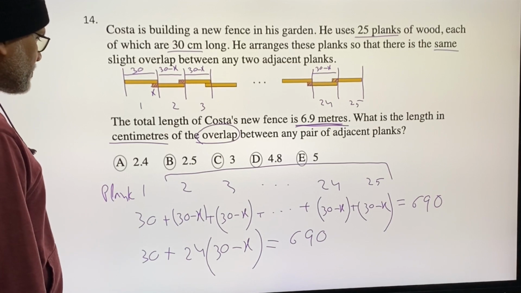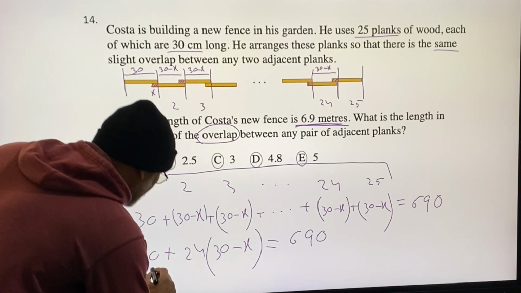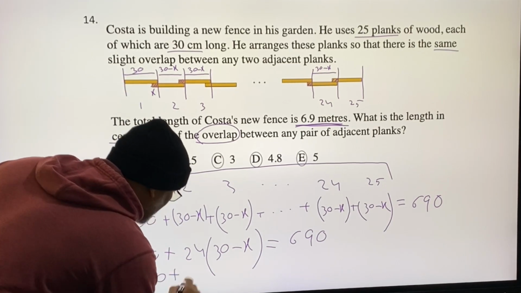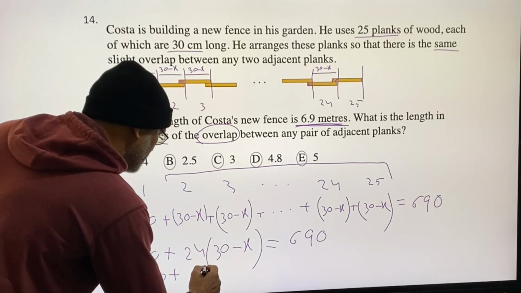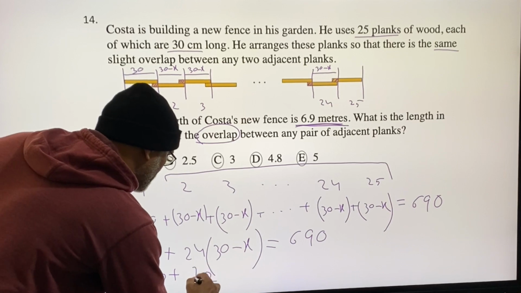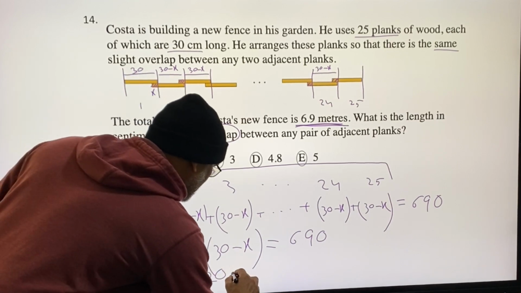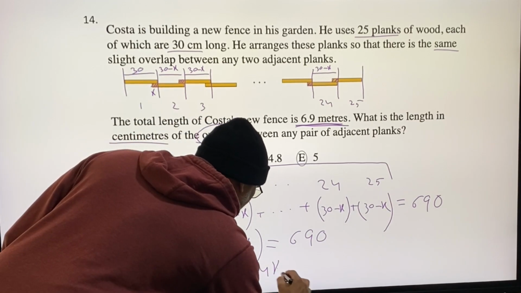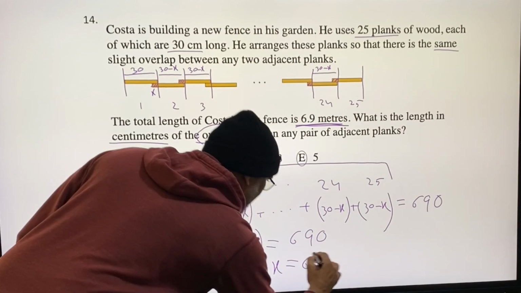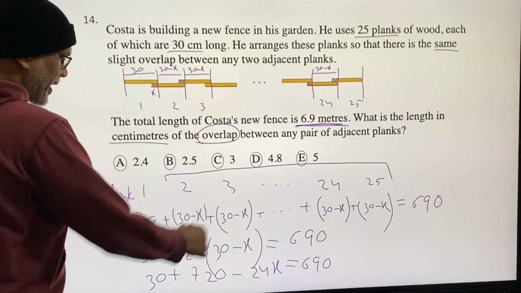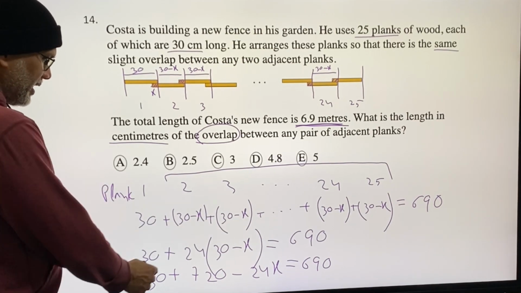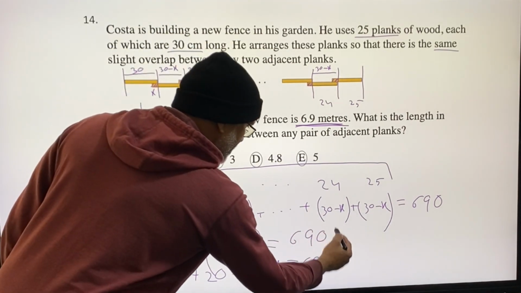All right. So this is 30 plus 24 times 30, which is 720 minus 24x is equal to 690. Okay, I have just opened the bracket here. Now let me start writing.